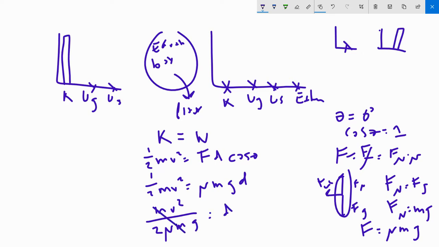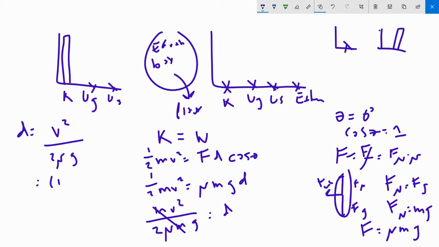Hey, look, mass cancels. So you're probably thinking, couldn't I just solve this with forces? And you probably could have. But let's say you didn't know the mass, then energy would be the way to go because the mass ends up canceling out. So this means our final formula for d is v squared over 2 mu g.